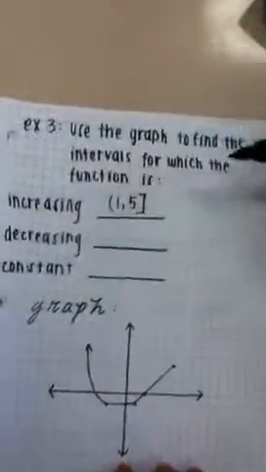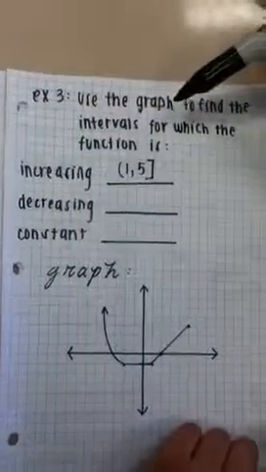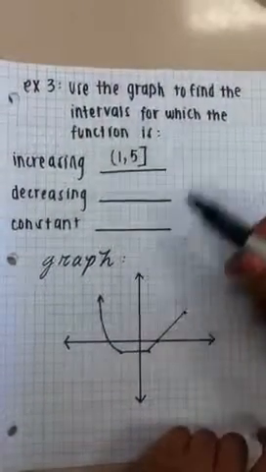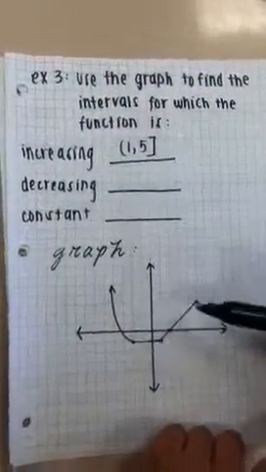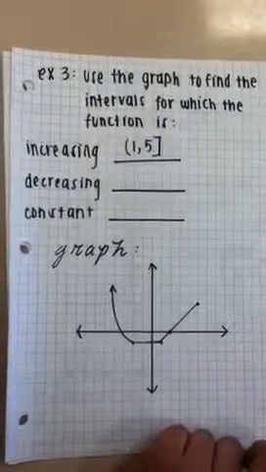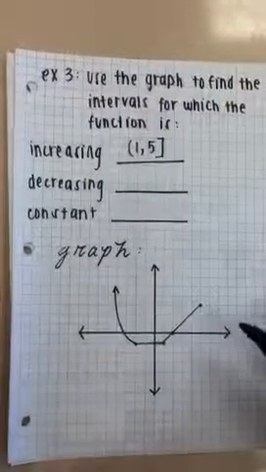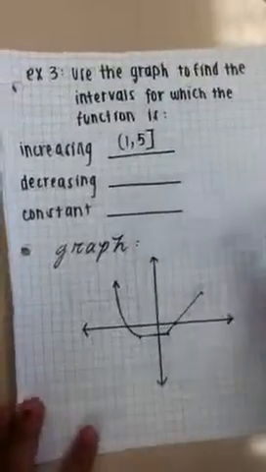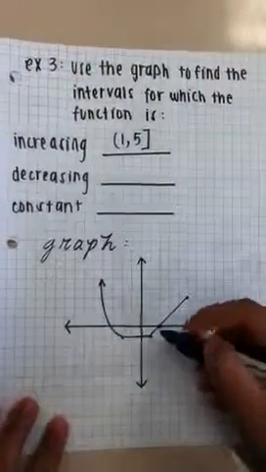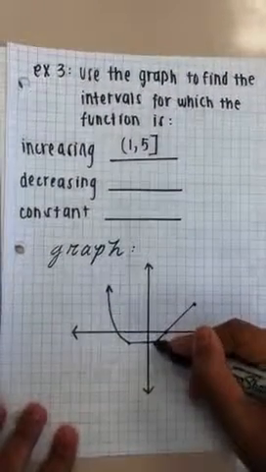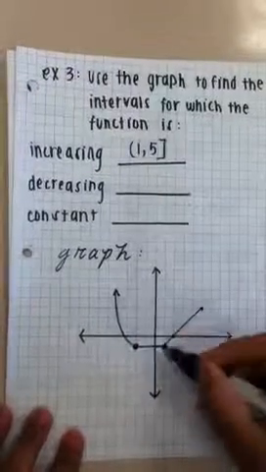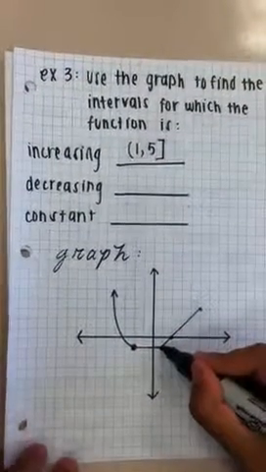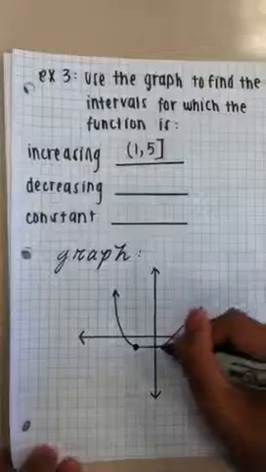Let's look at example 3. We're going to use the graph to find the increasing, decreasing, and constant intervals of this function. Since these lines share points, this point has to be an open point.